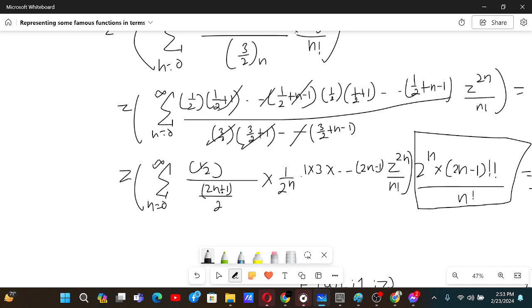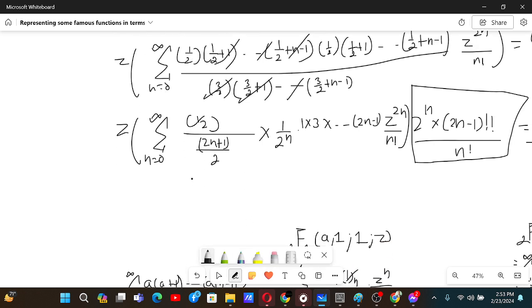Okay. Now g can be taken inside. So we have the sum from n equals 0 to infinity, the 2s cancel out, and one thing that I can do over here is change this to 1 by 4 to the power n, and this is just the double factorial of 2n minus 1.